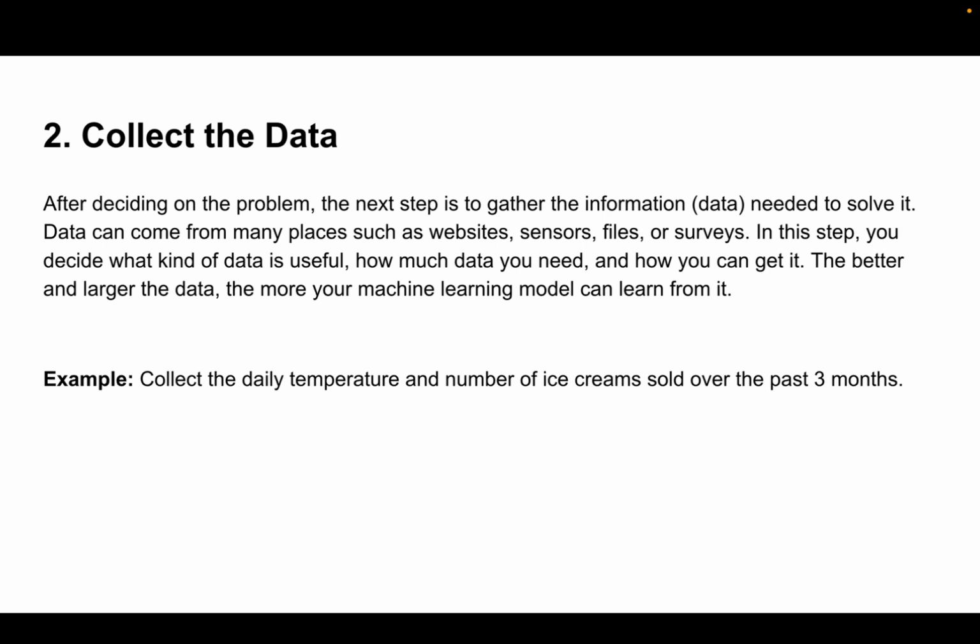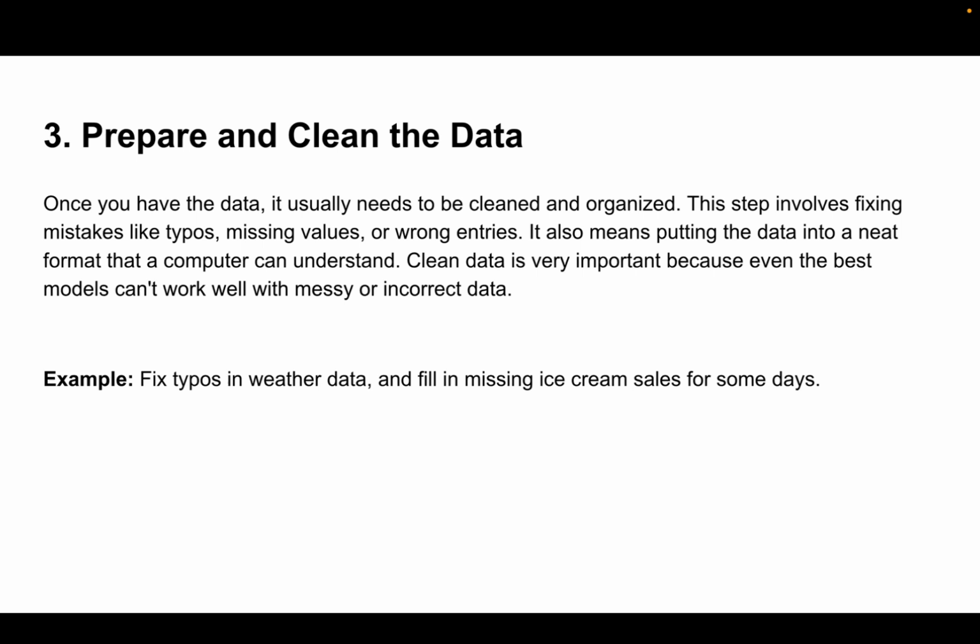In this step, you decide what kind of data is useful, how much data you need, and how you can get it. The better and larger the data, the more your machine learning model can learn from it. Continuing the same ice cream example, we collect the daily temperature and number of ice creams sold over the past 3 months. That's collecting the data.